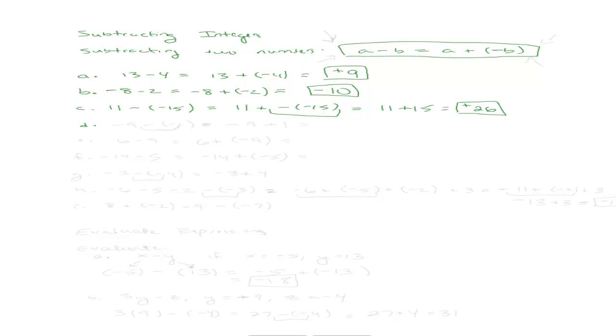So keeping that in mind, I'm going to give you some practice problems, and I'll help you rewrite them as subtraction, as addition, but I'll leave the evaluating up to you.